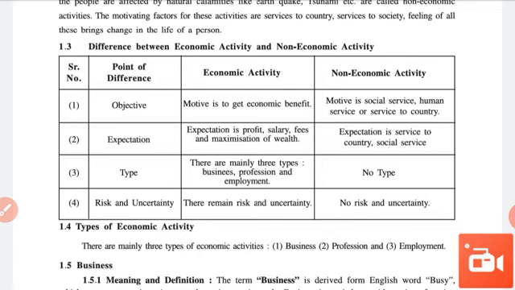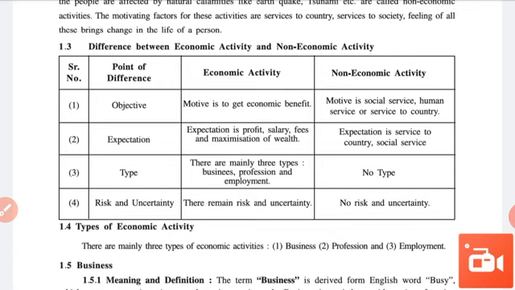Then expectation: in economic activity, profit, salary, fees, and maximization of wealth; in non-economic activity, service to country and social service. Points of difference must be written in the paper.